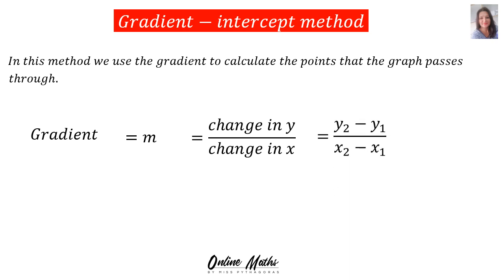And can you remember the gradient formula? y2 minus y1 over x2 minus x1 when you have the two coordinates. So in the next slide, I will show you an example of where you will use the gradient-intercept method to sketch a graph.